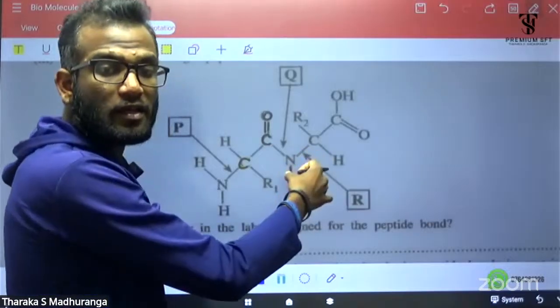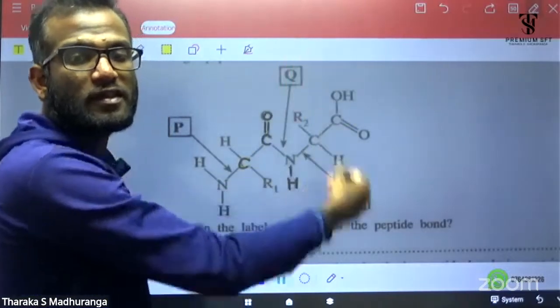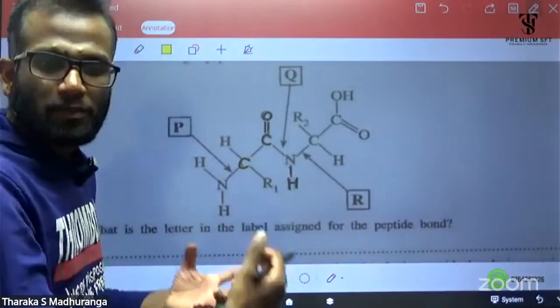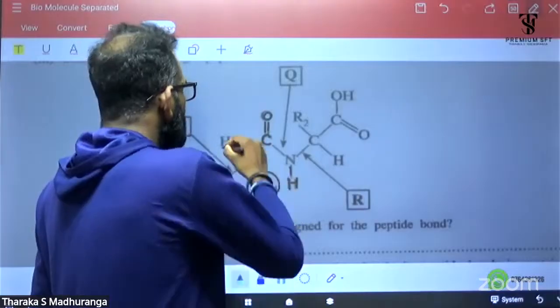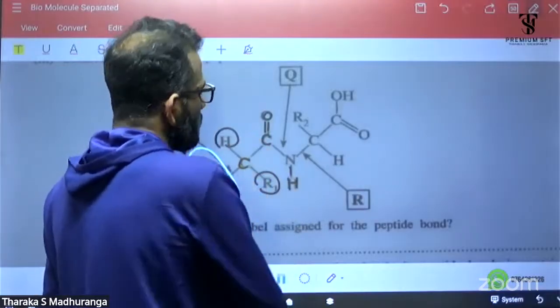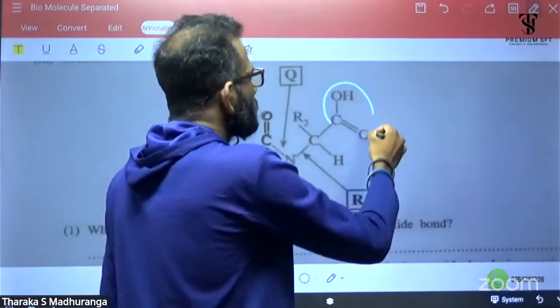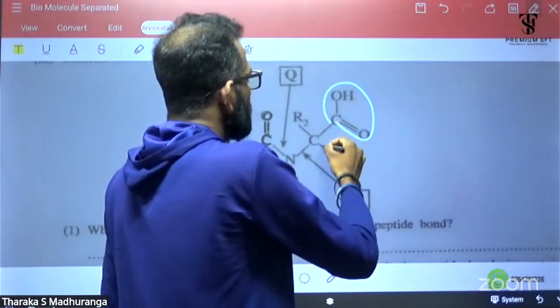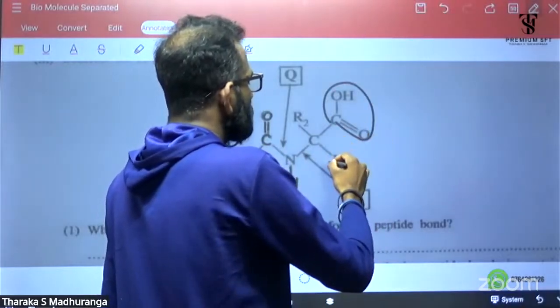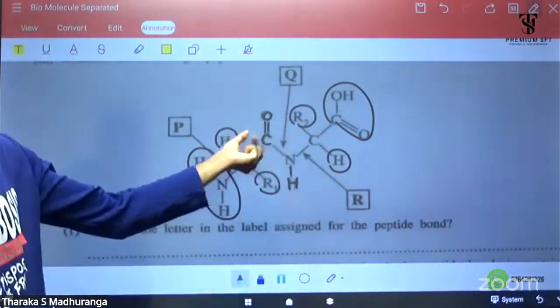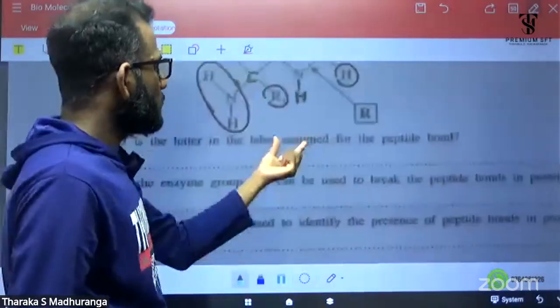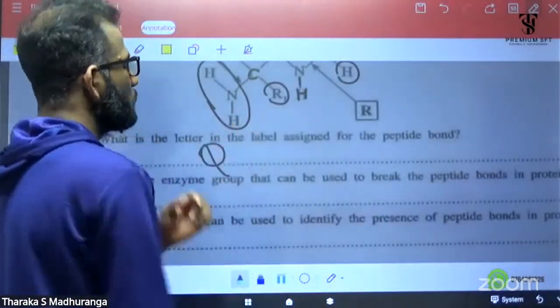The remaining hydrogen is released as a water molecule, right? This is the R carbon group, hydrogen and amine group, carboxylic group, hydrogen, R group and amine group. Okay, Q is the peptide bond.